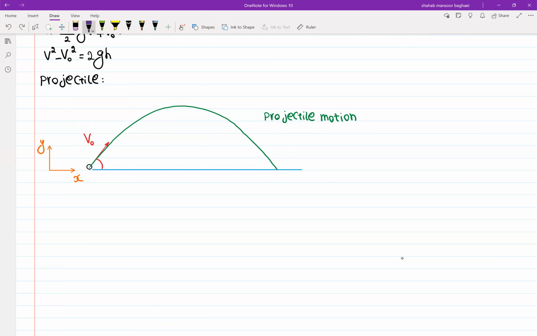Okay, this point here, it is the top of the curve. It is called maximum height. Maximum height of the projectile. And you know this path, it is called trajectory.